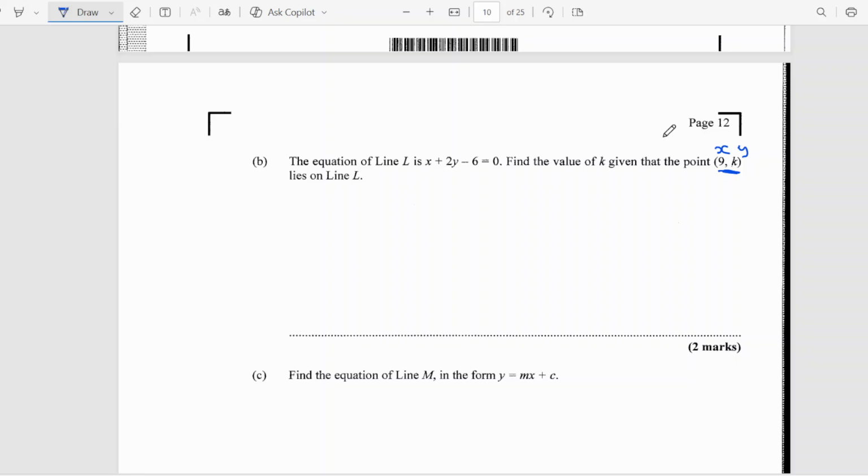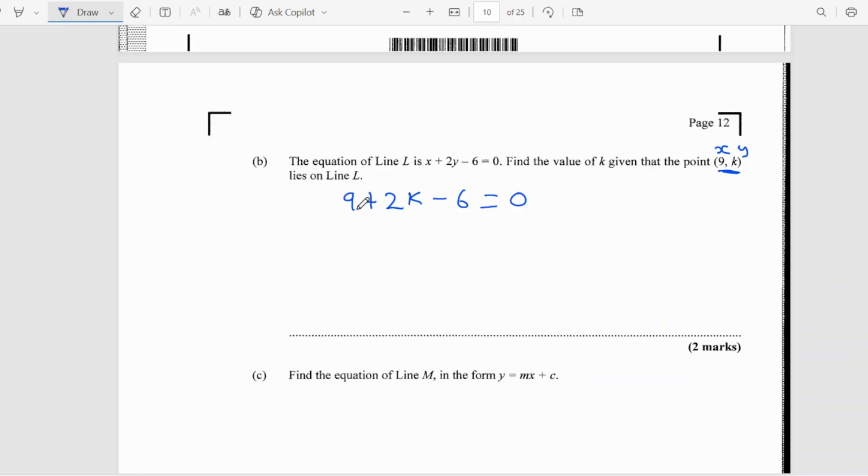So x is going to be 9. So 9 plus 2, and we substitute y as k. 9 plus 2k take away 6 is equal to 0. And we need to solve for k. So we carry all the numbers across and leave the k alone on the side.